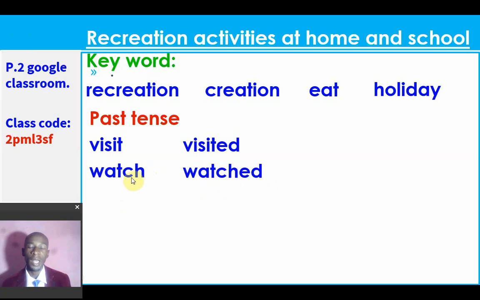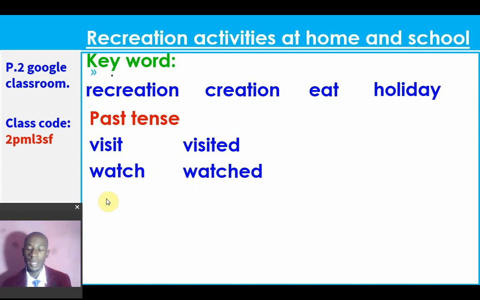Now, what you will have to discover is that when forming the past tense, we have words or verbs where we add letters ed, just like we have done on the word visit and got visited. Watch, we added ed. We have those verbs which end with ch, and the sound is ch. So there we add letters ed.